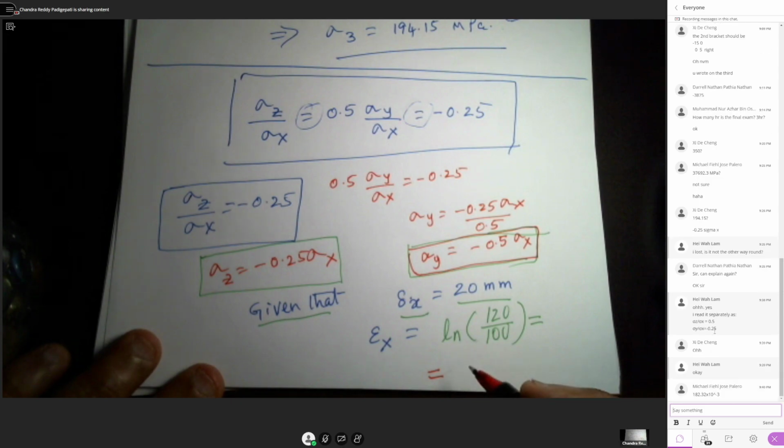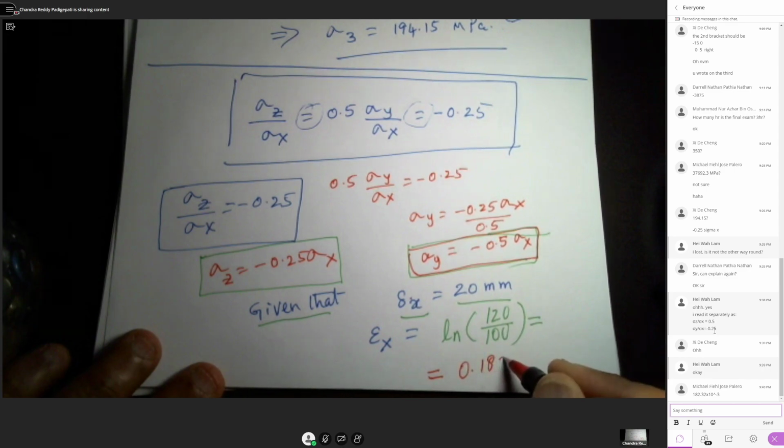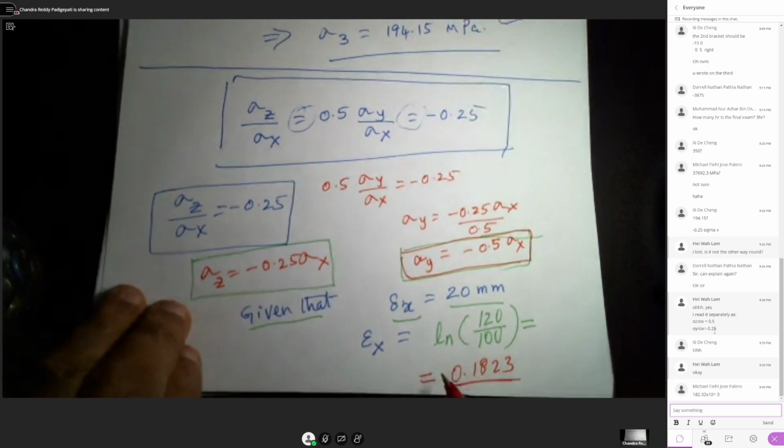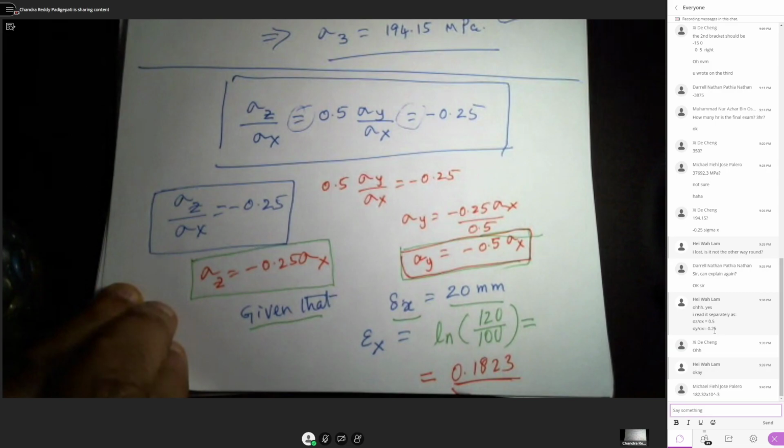That's correct, Michael. So you get about 0.1823. So this is the strain along the length direction, the longitudinal direction.